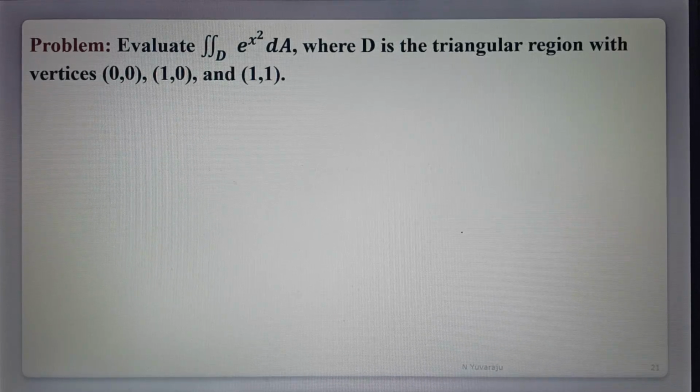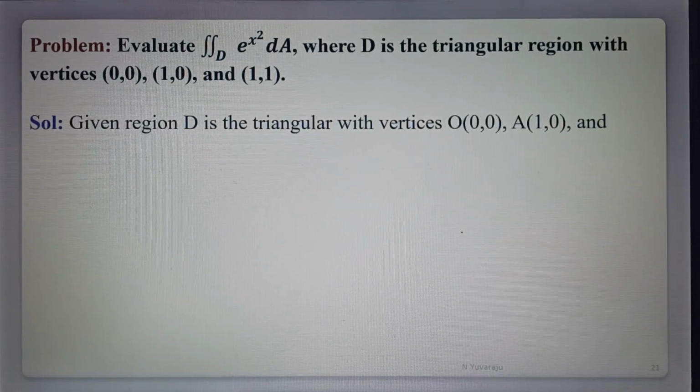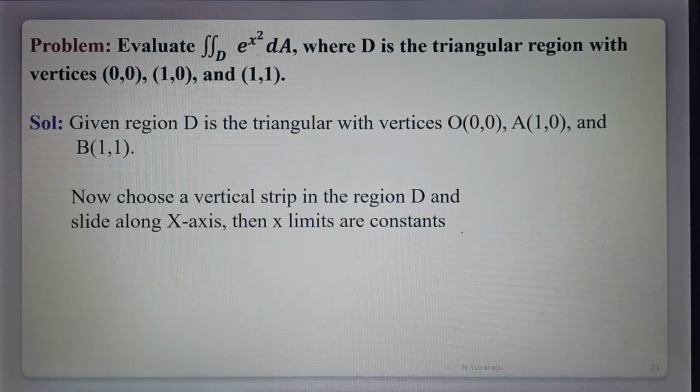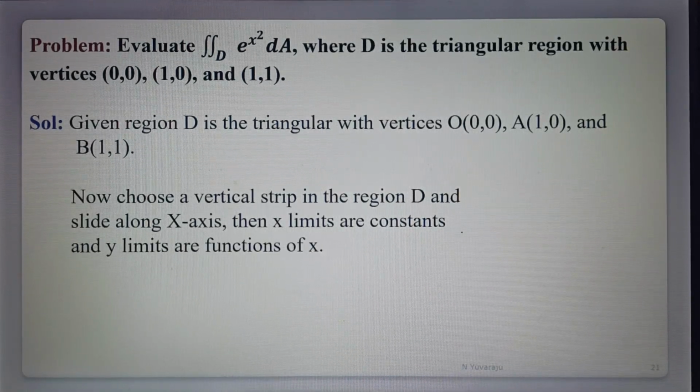Here the given region D is the triangle with vertices 0, 0, 1, 0 and 1, 1. Now choose a vertical strip in the region D and slide along the x-axis, then the x limits are constants and the y limits are functions.